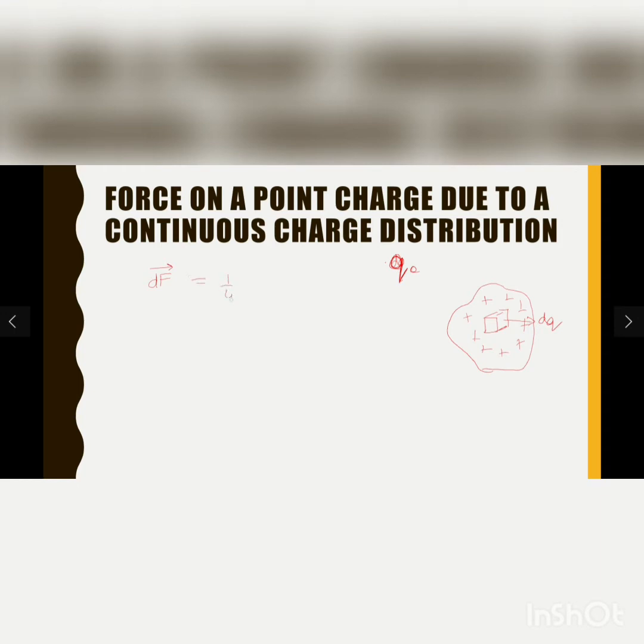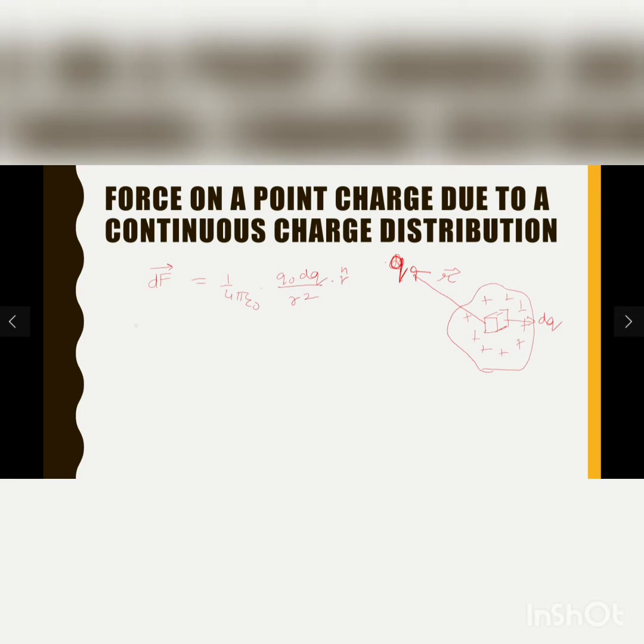Again we are applying Coulomb's law, which is very much valid for a small point charge. Here r hat denotes the direction of the force which is exerted by the small charge element dq.